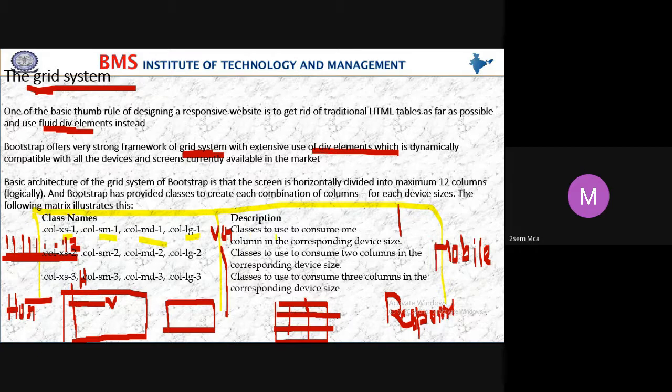The description: classes to use to consume 1 column in the corresponding device size. See, the meaning of this line is col-xs-1 means it occupies 1 column in the corresponding device.